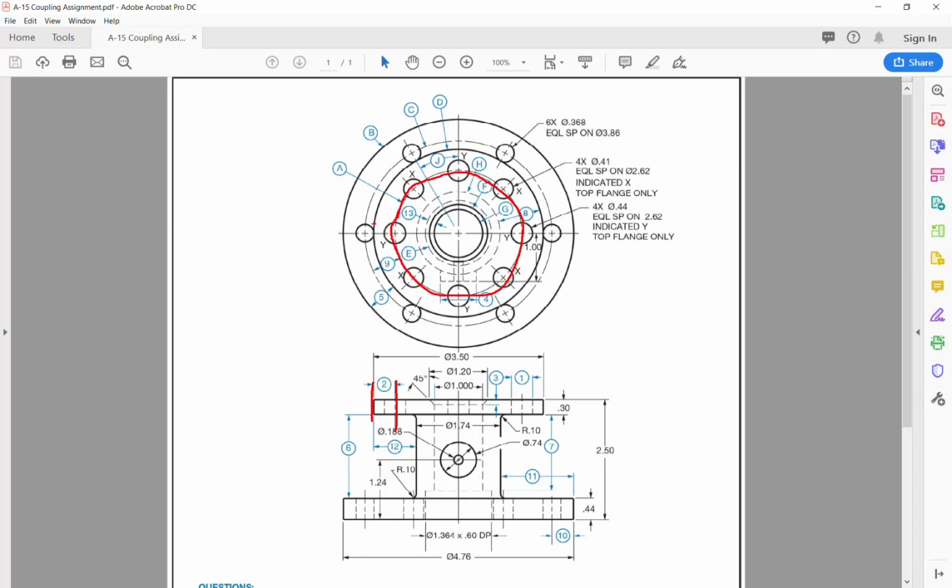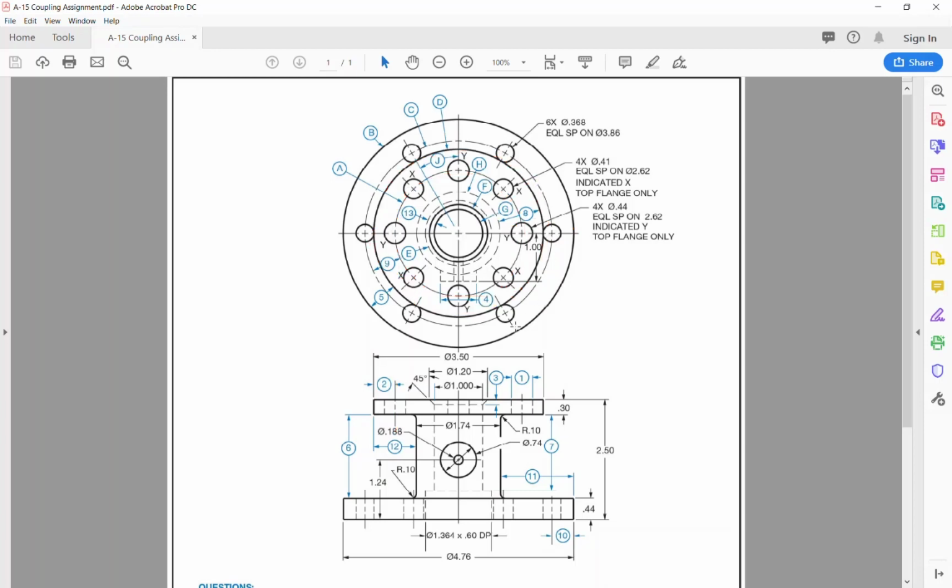We're going to take the overall diameter and subtract the diameter of the bolt hole circle. I'll just sketch this on here for us. Again, I'm using my mouse, so it's a little bit rough. And we're going to divide it by 2. We want to know that distance. We subtract the two diameters and divide by 2.